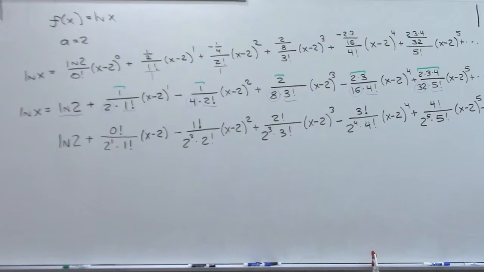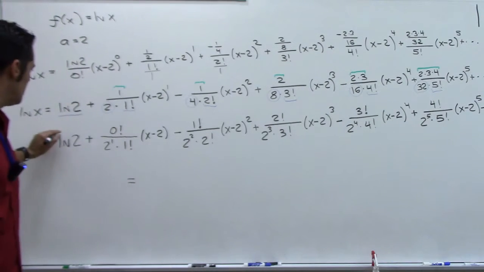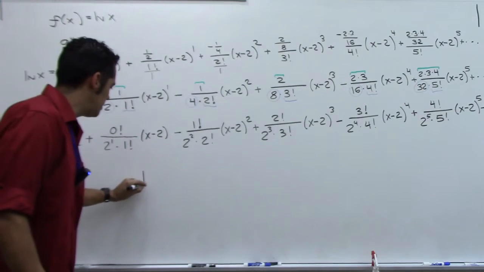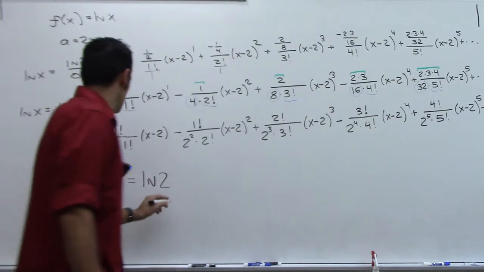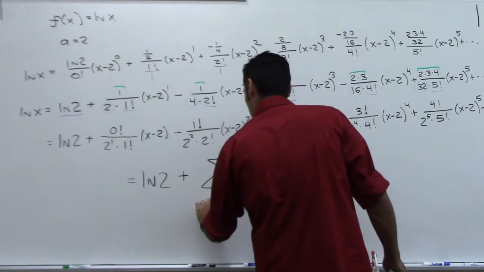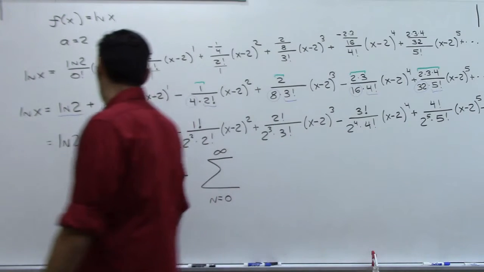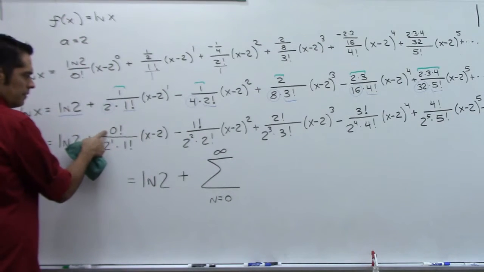It's good enough. All right, so now what I'll do is try and write this in sigma notation. So this should be equal to, now this didn't fall into the pattern, so I'm just going to put natural log 2 here, plus sum n equals 0 to infinity. So this first one, 0 factorial.